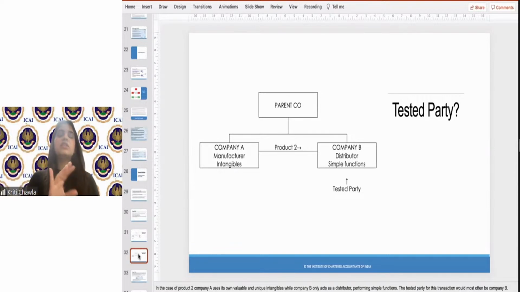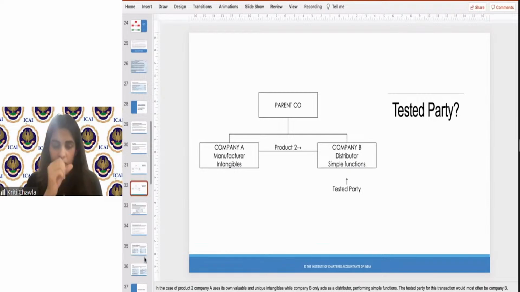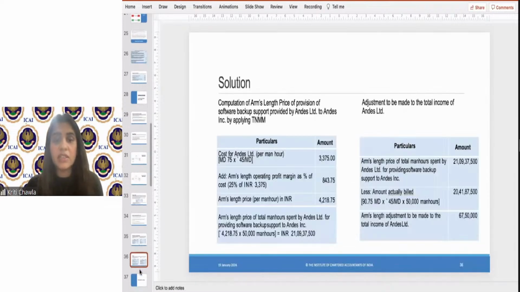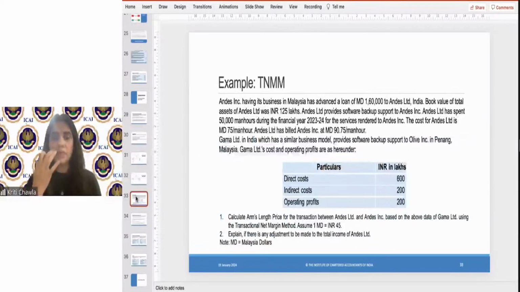You just want to take out the profit from the entire transaction as a whole, the net profit, and then see how you can compare it. So it just depends on what is the information that is available to you in that particular instance, and then you actually make a decision.